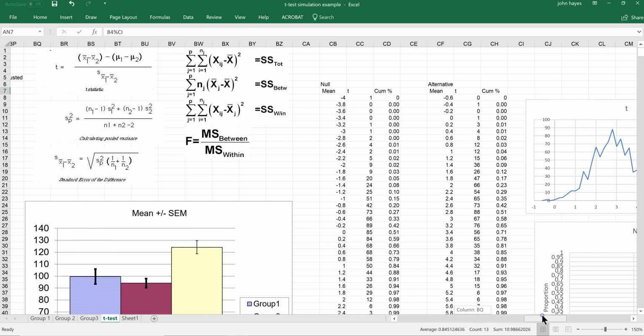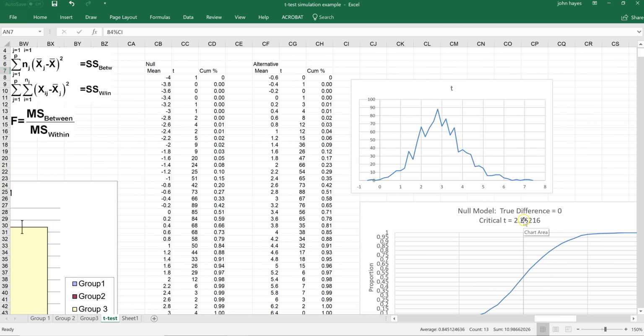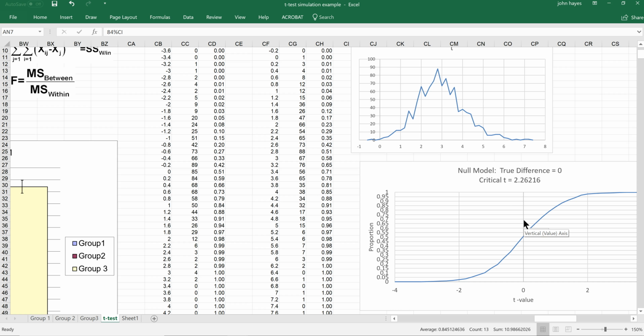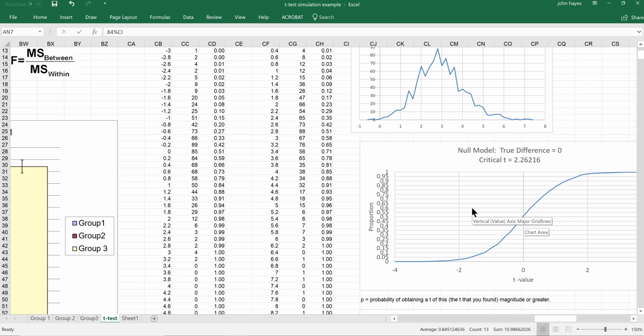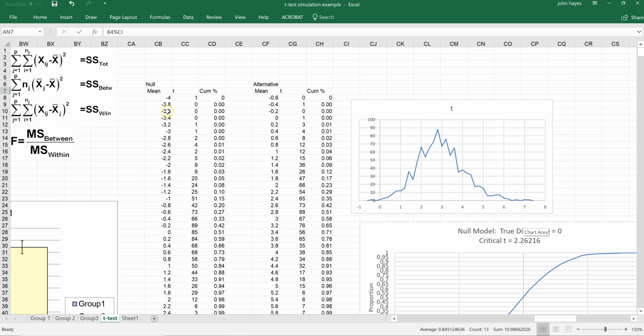Now let's come over here for a second, and just take home this idea of what it means to be a null hypothesis. When the underlying population difference is 0, the null hypothesis is true, then we look to see how many times we reject it.